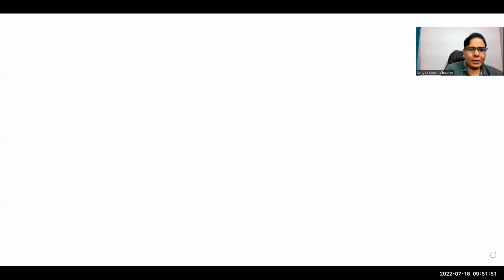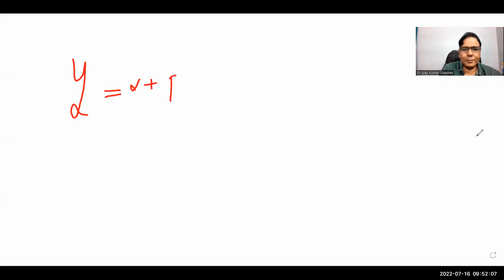So this is dependent variable, and this dependent variable have two types of effect. Like for example, alpha plus beta 1, yt minus 1, and so on.